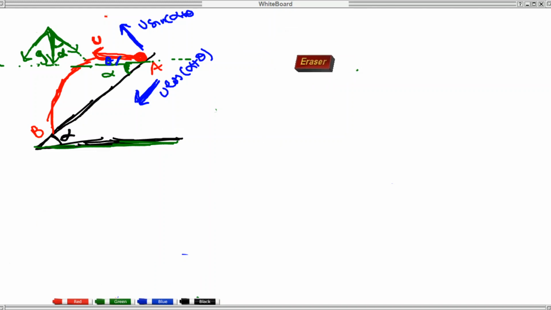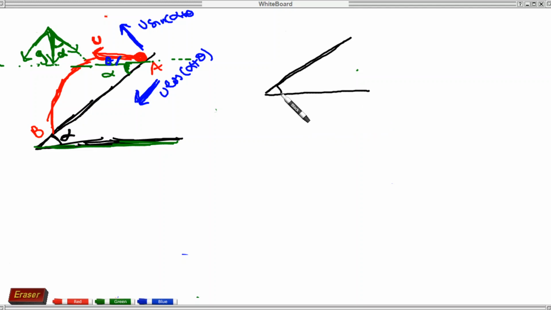If this one is alpha, and this is your g, what would be this angle?